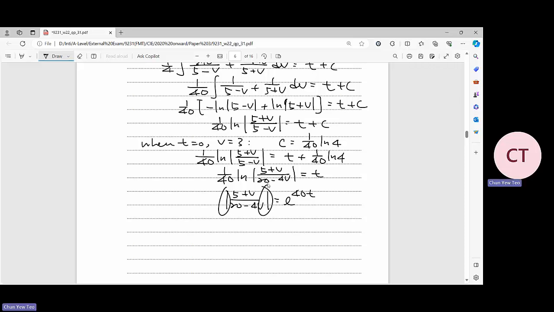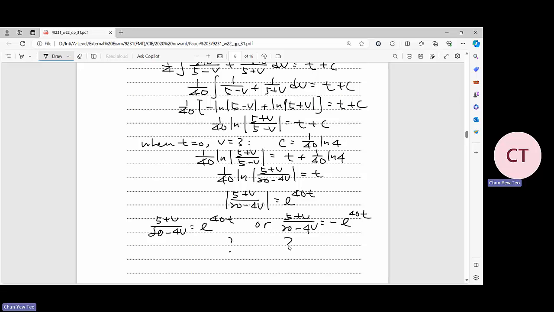So the question is, when we take away the modulus, should we take 5 plus v over 20 minus 4v equals e to the power 40t, or should we take 5 plus v over 20 minus 4v equal to negative e to the power 40t? Okay, so which one to choose?